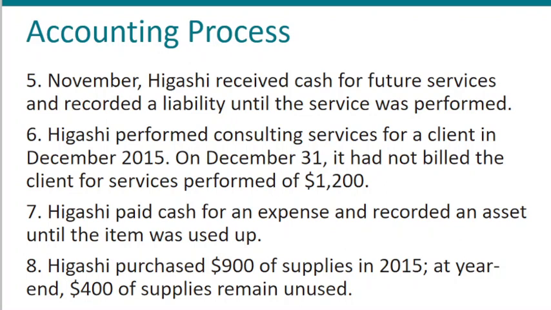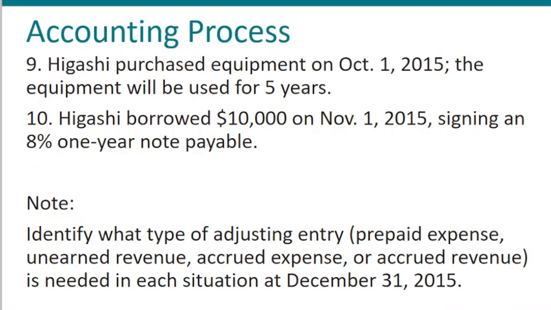Number 8, Higashi purchased 900 of supplies in 2015, but at year end, $400 of supplies remains unused. Number 9, Higashi purchased equipment on October 1, 2015. The equipment will be used for 5 years.